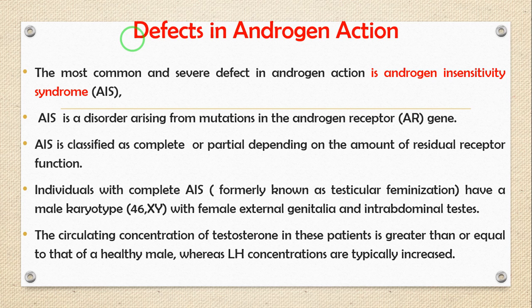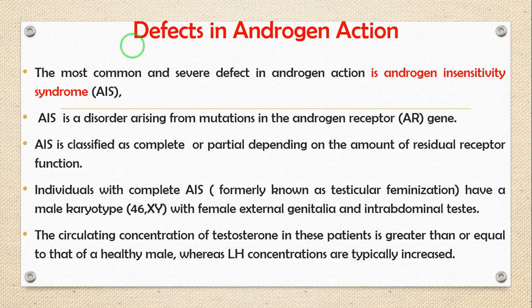So in case of defect in androgen action, the problem is in the receptor for androgen. There is a mutation in the gene that is responsible for the androgen receptor, which could be partial or complete, and this division depends on how much of the receptor is still working.